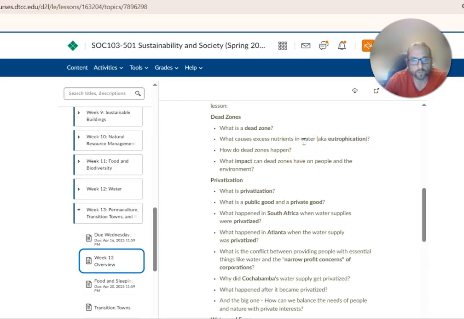The really important connection here is how does eutrophication happen? It's usually from runoff, from improper excessive fertilizer application on farms, also from overflows of city sewer systems and some other things. But those are the two main causes.